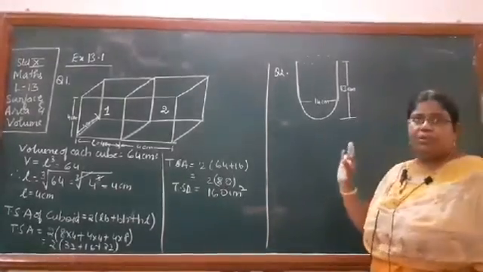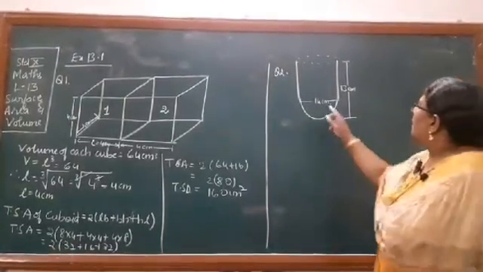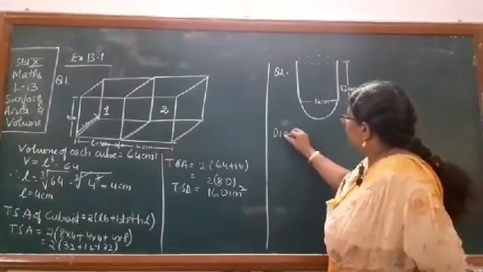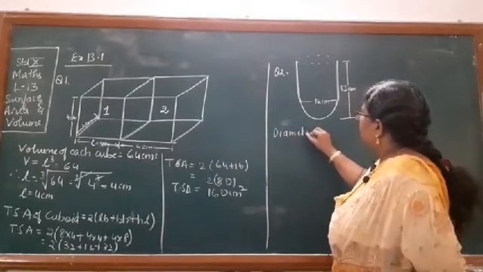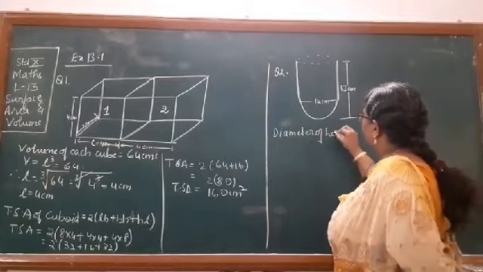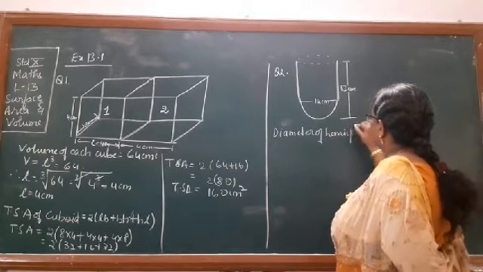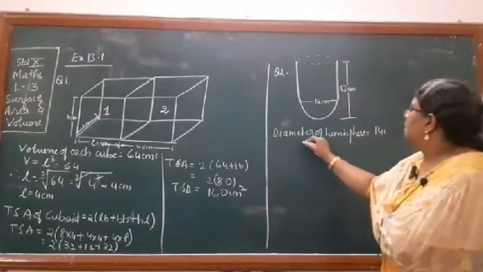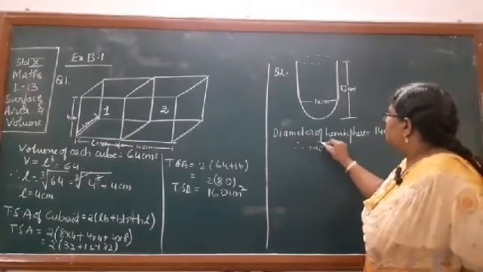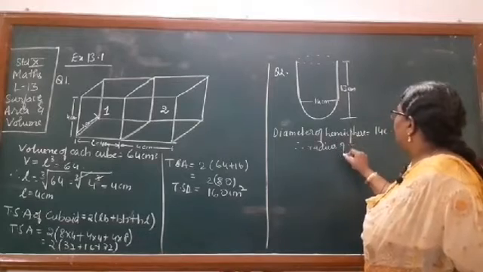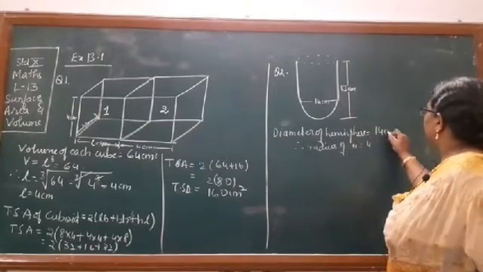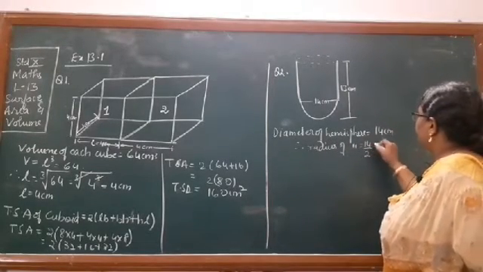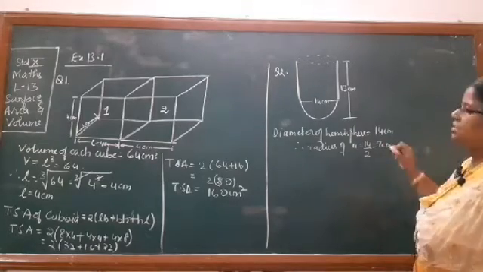So these are the informations which we have with us. Now diameter of hemisphere is given as 14 centimeter. Therefore radius of hemisphere will be equal to what? 14 divided by 2 which is equal to 7 centimeter.